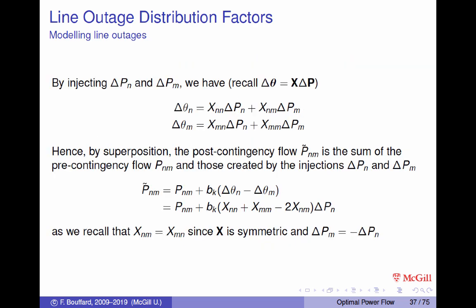So let's have a look at what happens if we do that. Basically we're going to inject delta PN at node N and delta PM at node M, and we're going to use exactly what we've already found before.